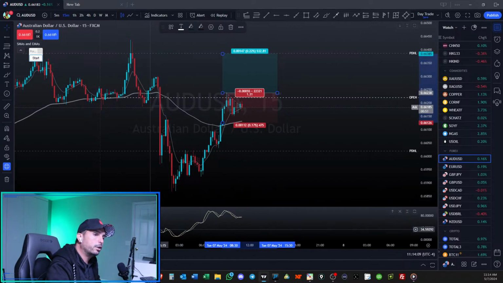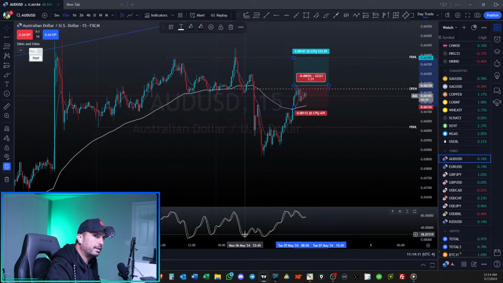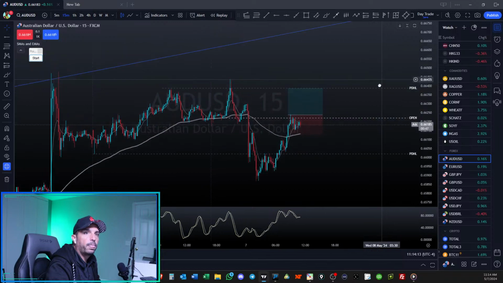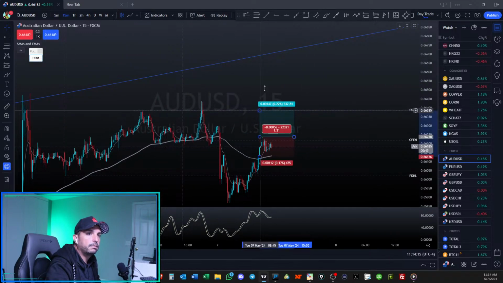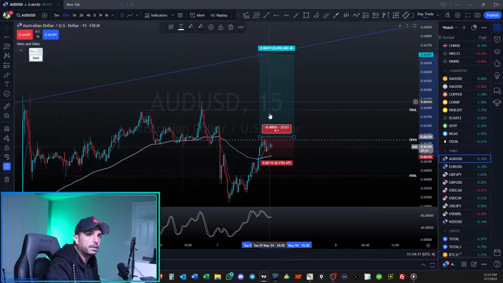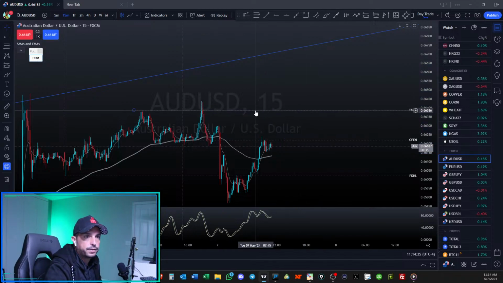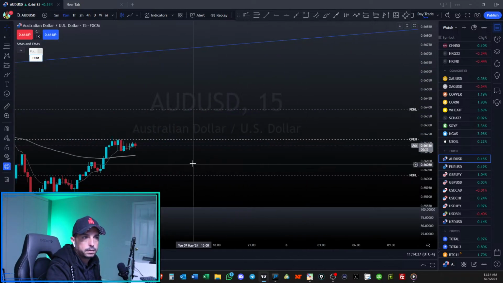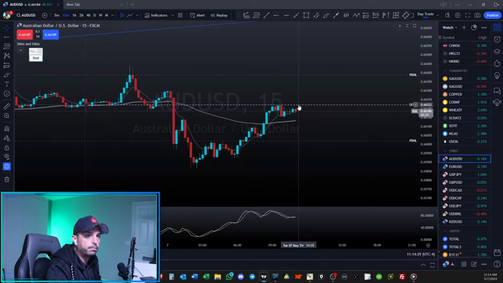That's a 1 to 1.31, not really great, but if it goes up, there's 4 to 1, then that's good. I would await the price to break the opening.